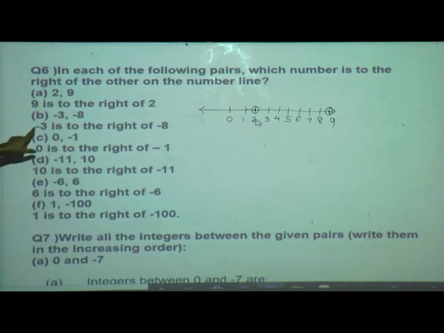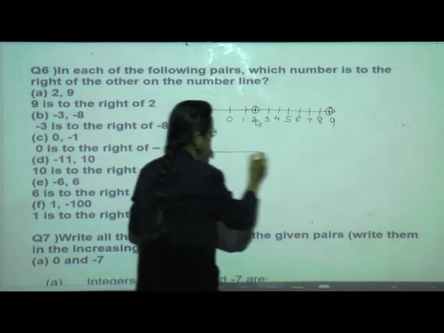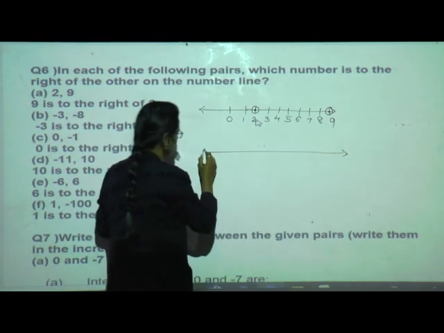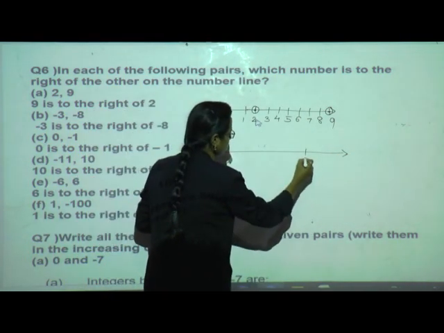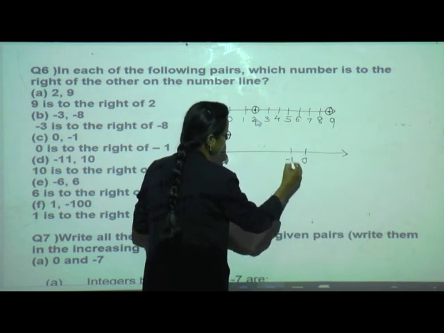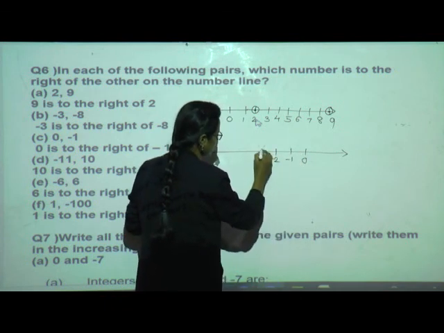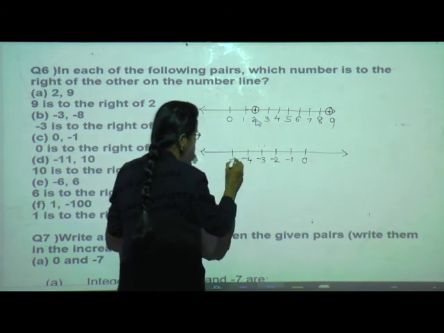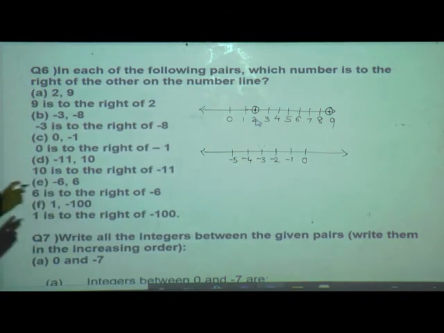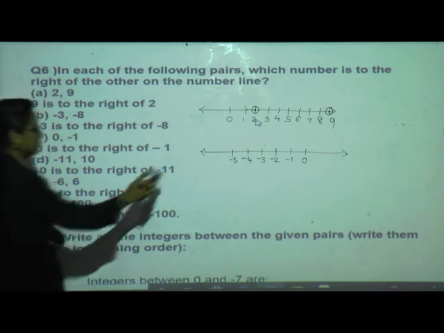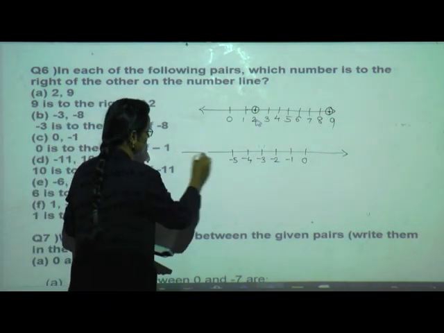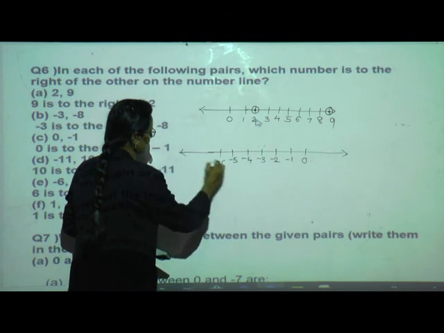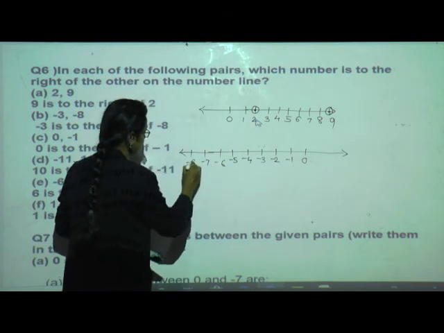In the same way we have to see for minus 3 and minus 8. So let us solve these also. Now here again we have negative numbers, so we will take the negative numbers towards the left side. Minus 1, minus 2, minus 3, minus 4, minus 5, minus 6, minus 7 and minus 8.